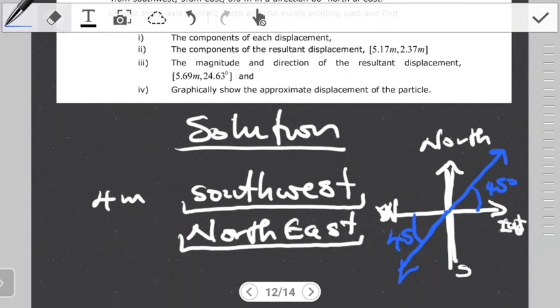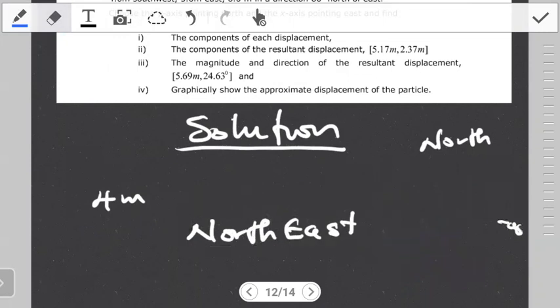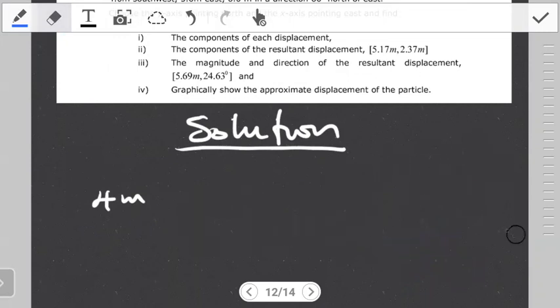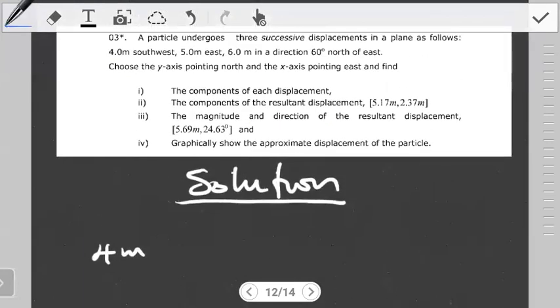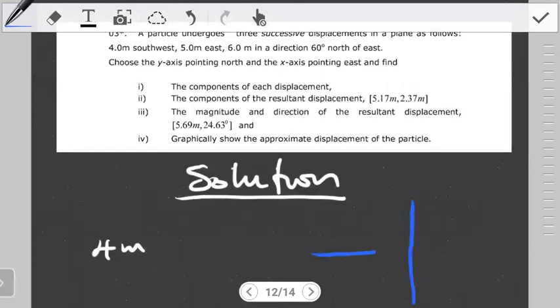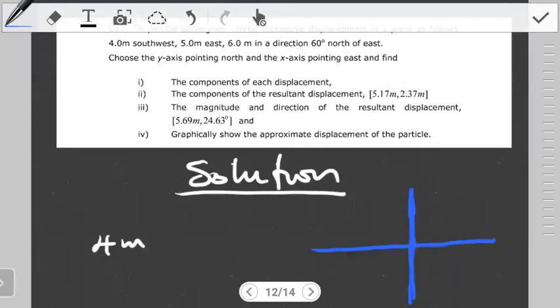Now, let's look at the other terms. How about if they just say east, like in the next statement, 5 meters east, or maybe they say 5 meters north, without using two poles. Well, it is similar to when the question says 5 meters along the positive x, or 5 meters along the negative x, or along the y-axis.